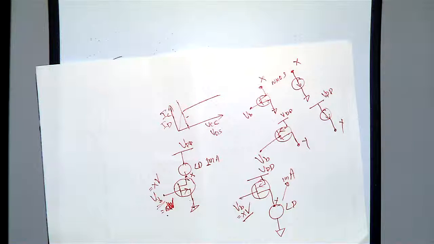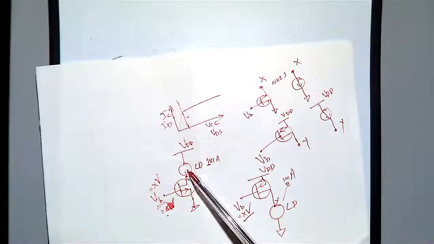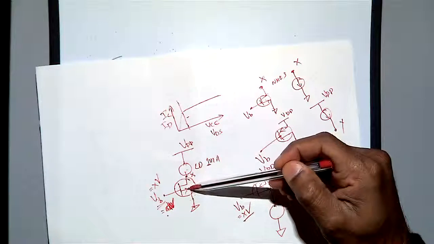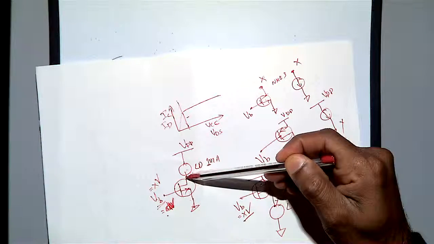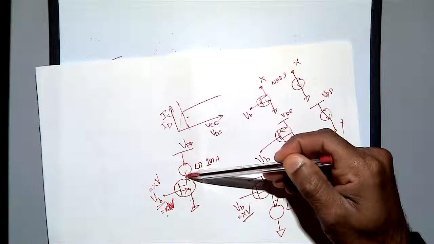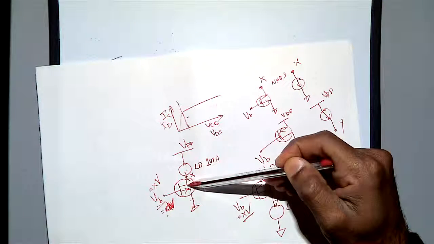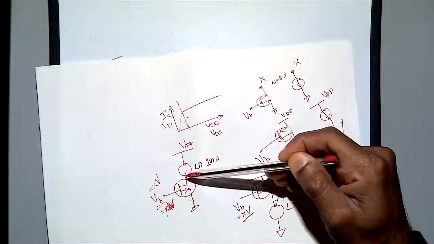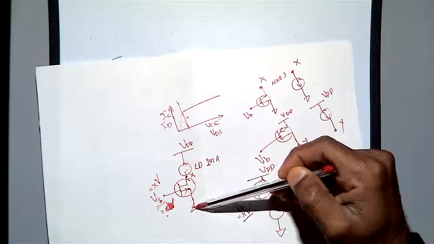So what is the difference here? As far as the laser diode is concerned, this current source is pulling current from the laser diode. It is taking the current from the laser diode and sinking it to the ground.